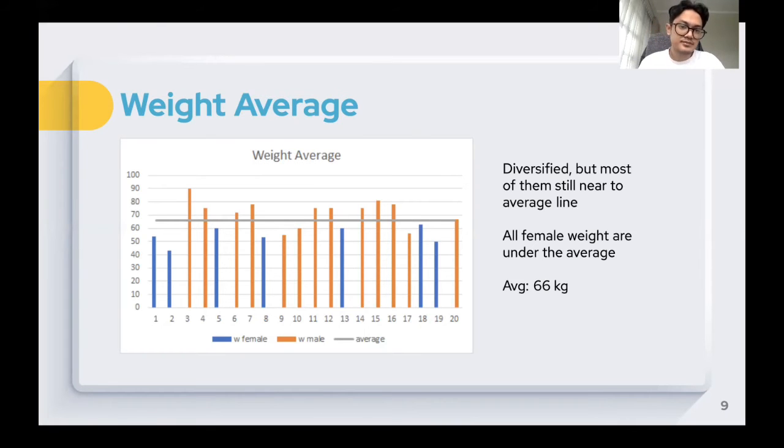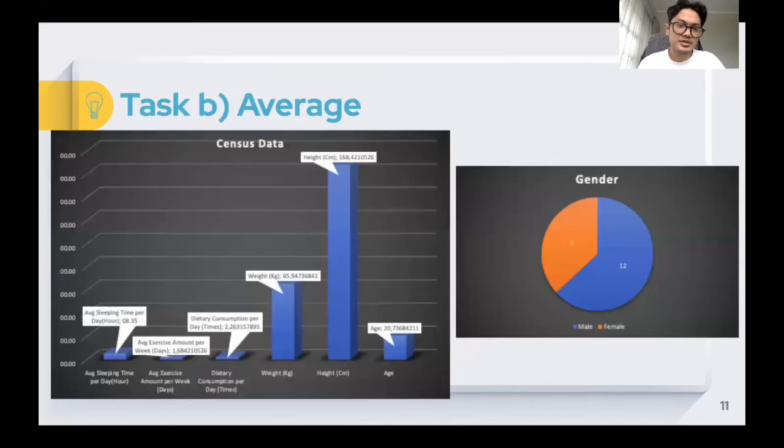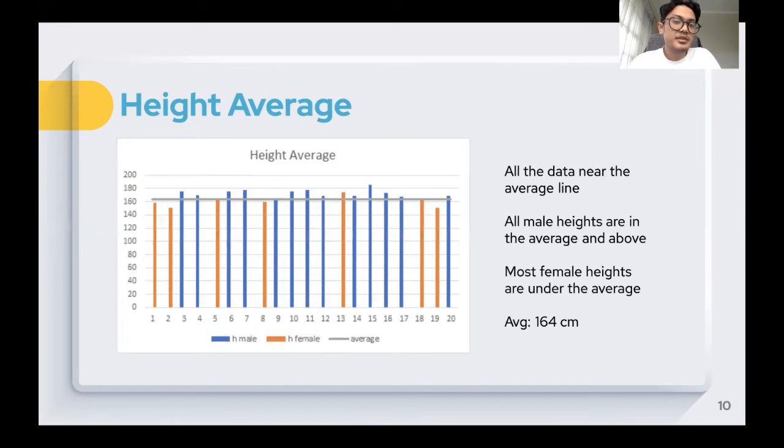And next, sorry, we move on to the height average. This is another data that's quite homogeneous, with all the data being near the average line. This data is also diversified into male and female members, but this time the male is the blue one and the female is the orange one.